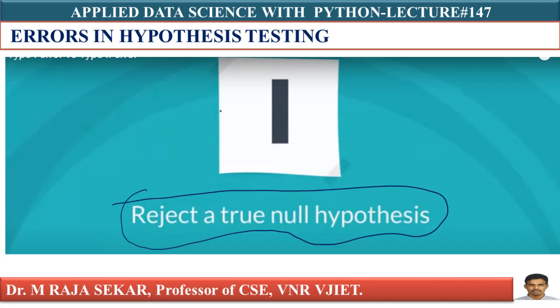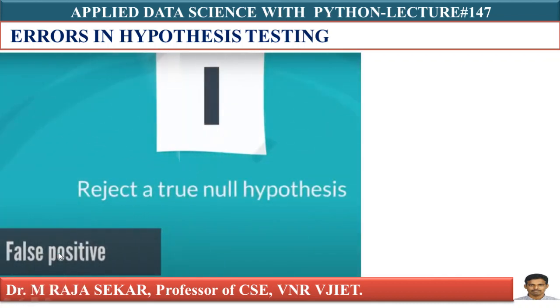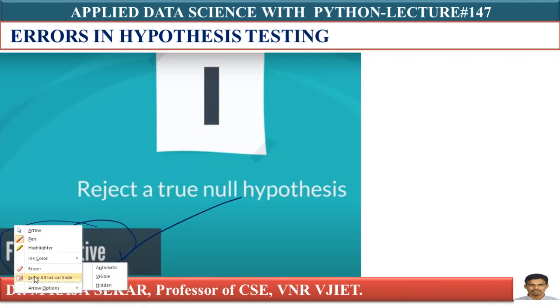When you reject a true null hypothesis, that error is known as type 1 error. This is also known as false positive.